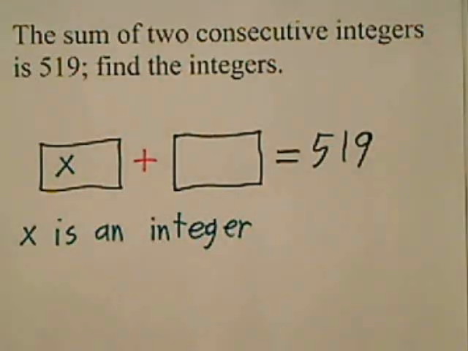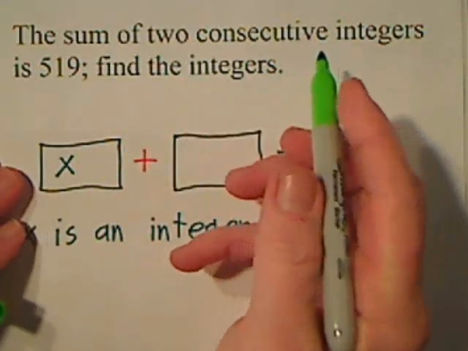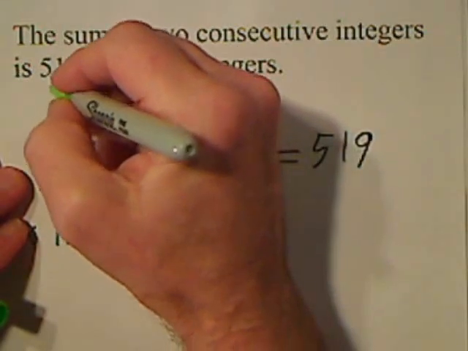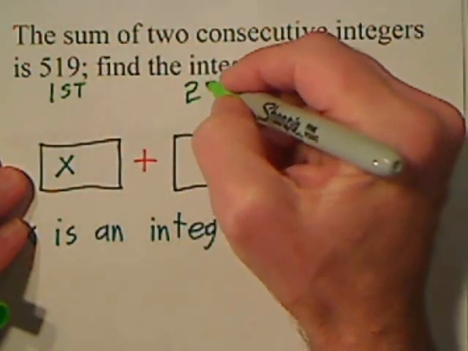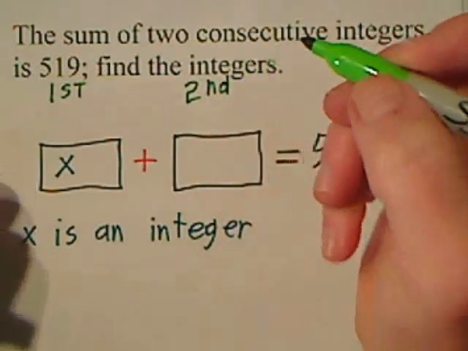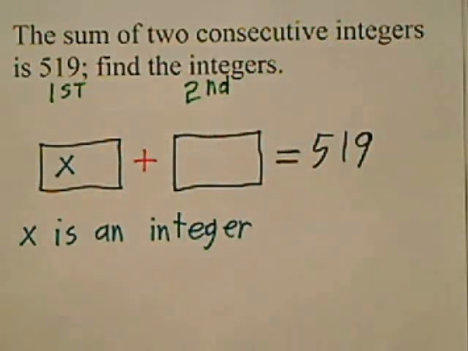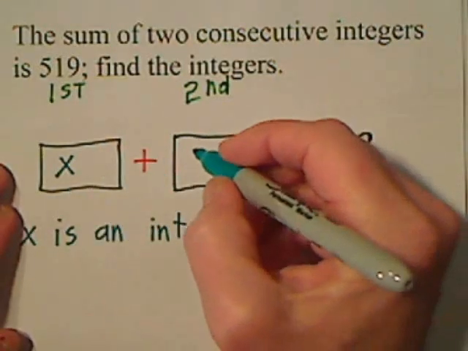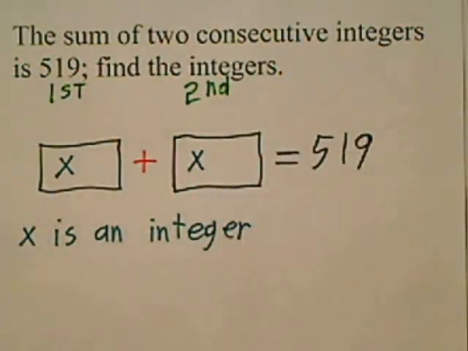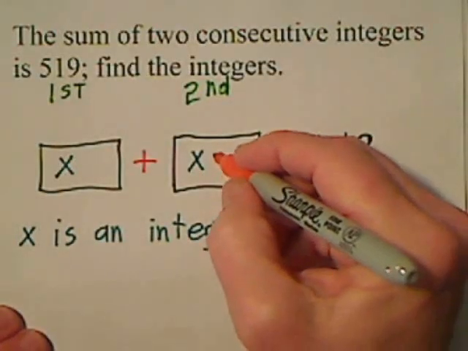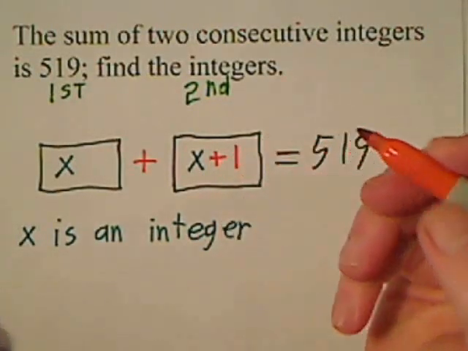I think I kind of like labeling these boxes. We have 2 consecutive integers. So let's call this our first, and this is our second. The first one we're just going to call x, and to represent the second integer, we're going to need to add 1.